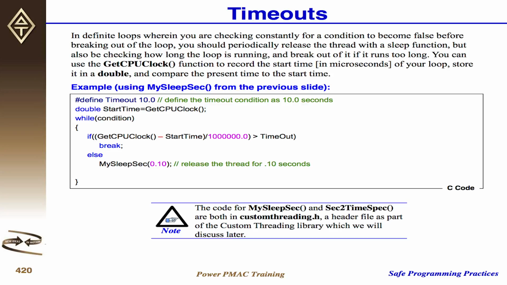It's in units of microseconds. And then in our while loop here, we want to check if our current time from GetCPUClock minus start time has exceeded the timeout. If it has, we break the loop with the break command. And if it hasn't exceeded the timeout, you can just release the thread for a small period so that you don't watchdog PMAC.